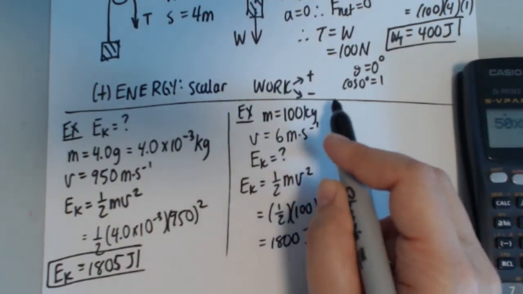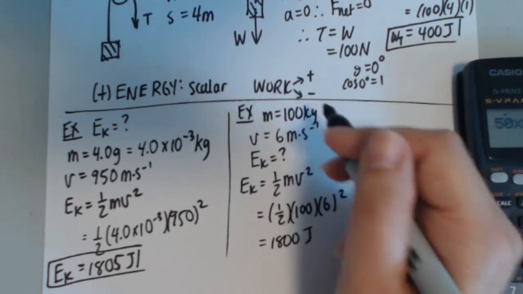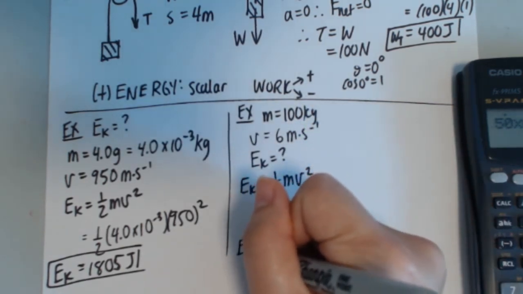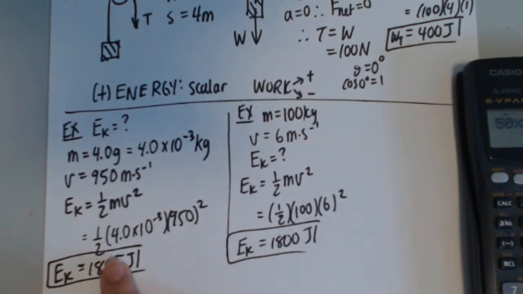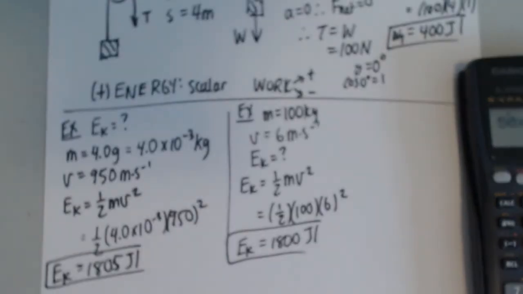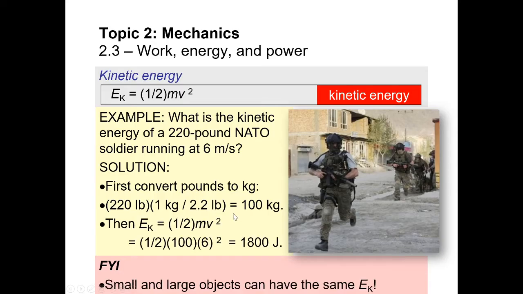This number here, however, was rounded to get 100 kilograms, which means the conversion is a little bit off, but that's okay. But the fact of the matter is, you can have something really, really tiny like a bullet have the same kinetic energy as a person, as long as the tiny thing is moving really fast and the big thing is moving really slow. Back to the slides.